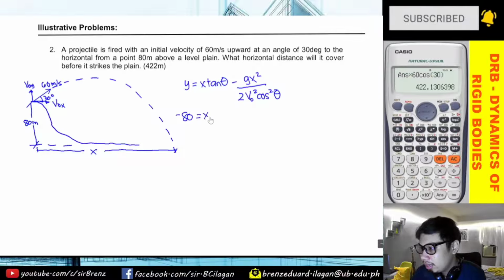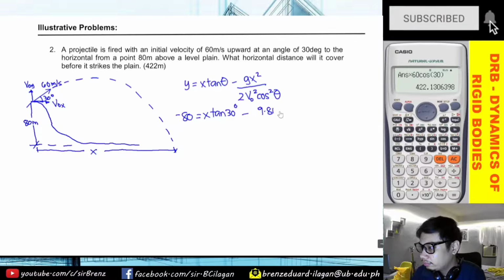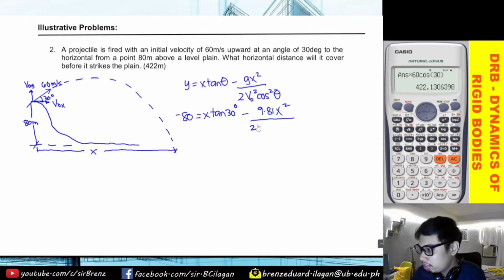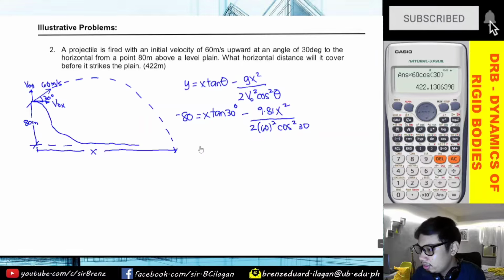So equals to x tangent theta na 30 degrees and then minus, kasi nga pataas and yung gravitational acceleration is pababa, g or that is 9.81 times x squared all over 2 times the initial velocity na 60, squared, cosine squared 30. Okay, so pindutin lang natin siya sa calcu. Shift solve na lang.